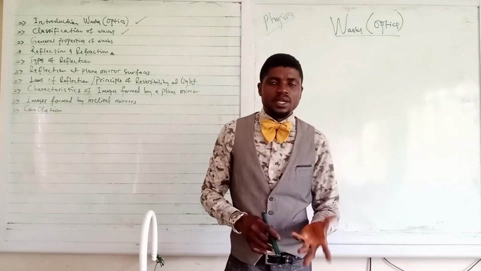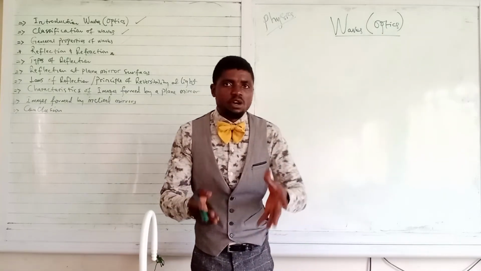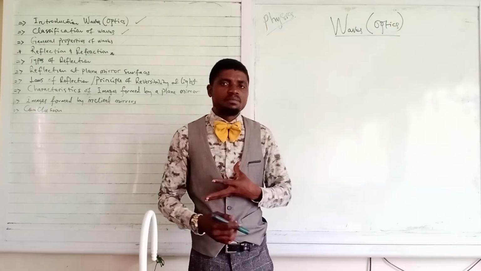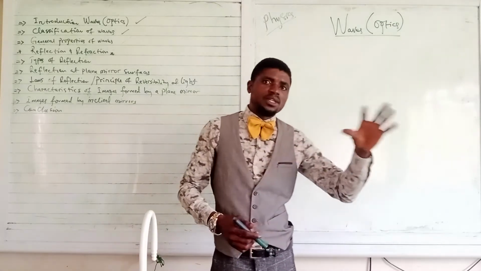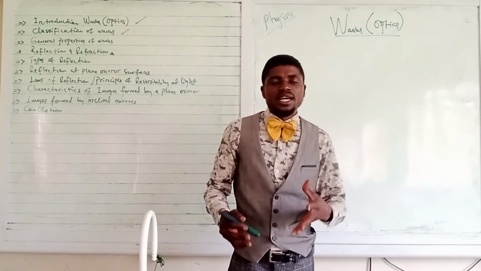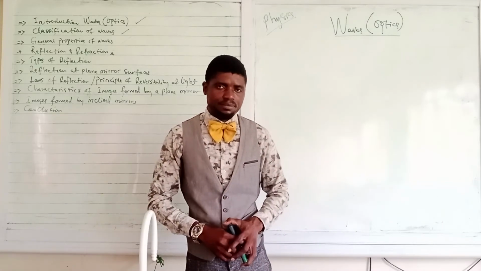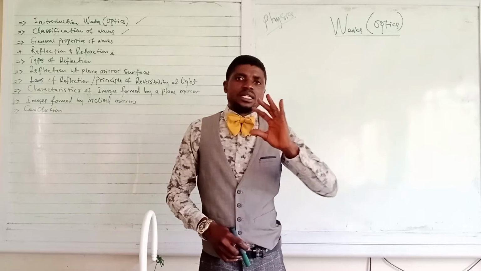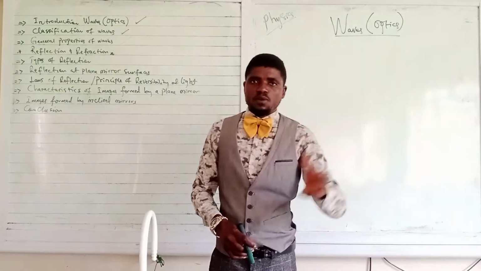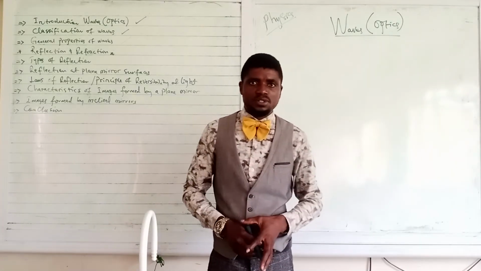What is a wave? A wave is simply a disturbance that travels through a medium from one point to another, transferring energy without a permanent displacement of the medium itself. There are types of waves, or let's say classification of waves.